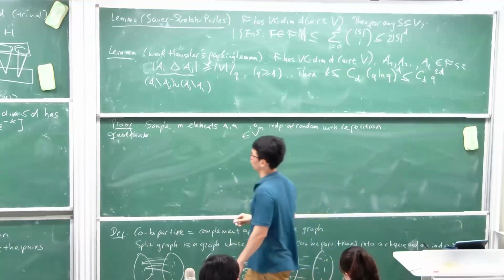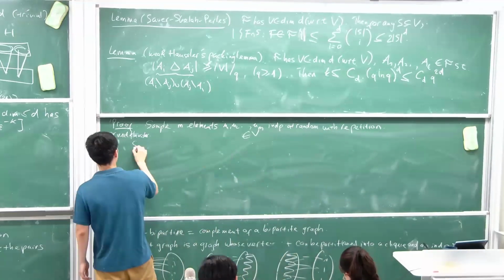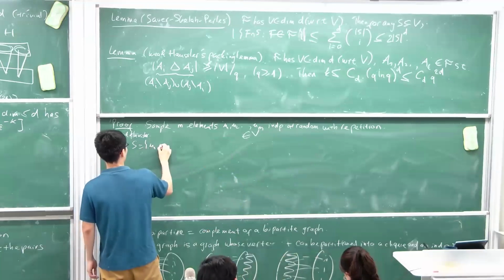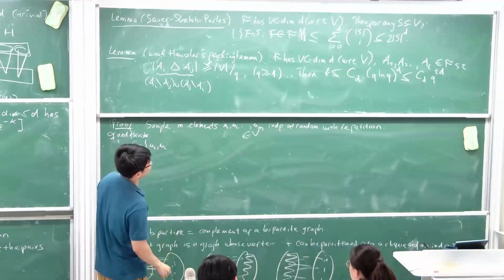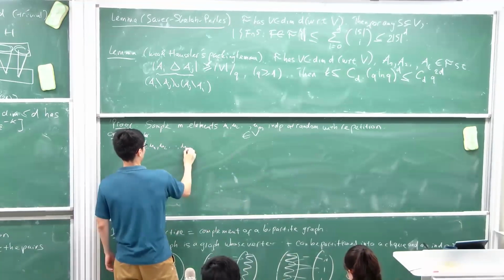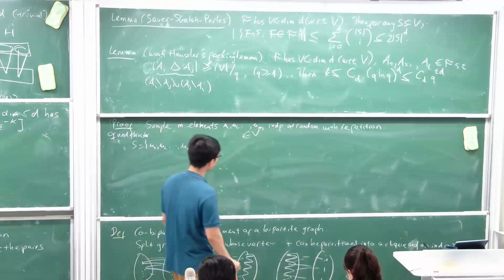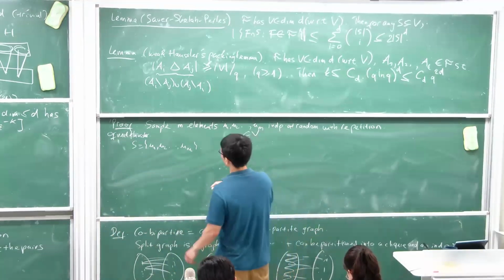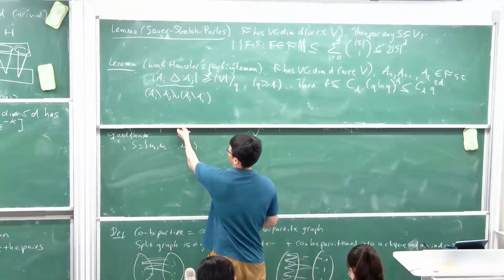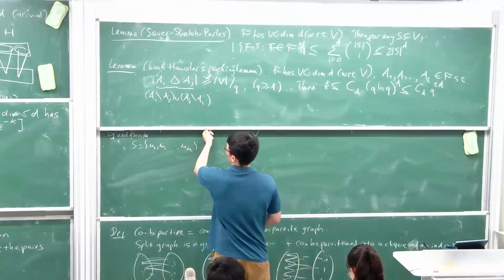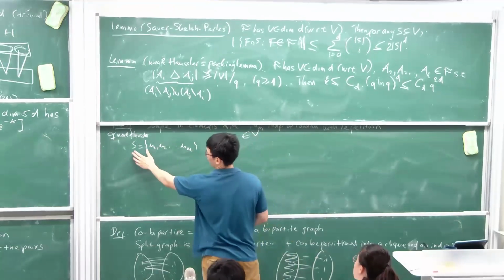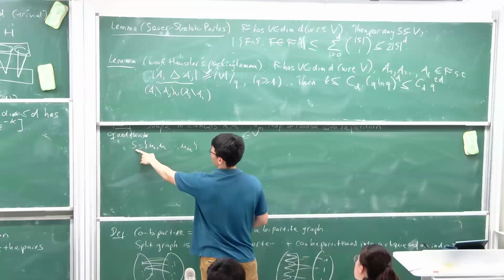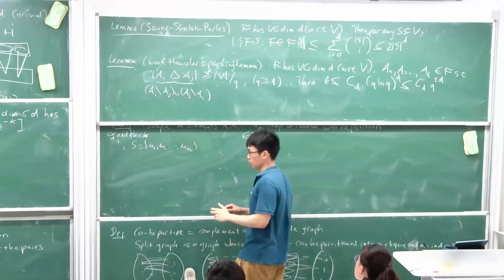So now for each pair A_i, A_j, I want to examine the probability that S is going to hit this symmetric difference.